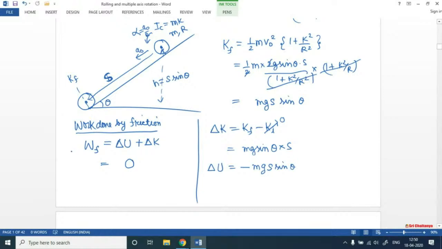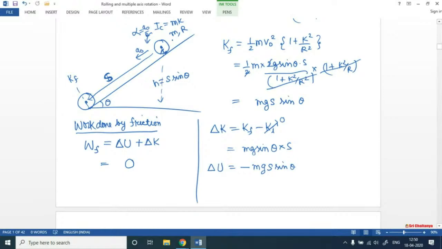Okay, that is what we should have expected, because as we said, friction here was sufficient for rolling, so that means there was no slipping at the point of contact. This is the point of application of friction, so the displacement of the point of application of force is equal to 0.